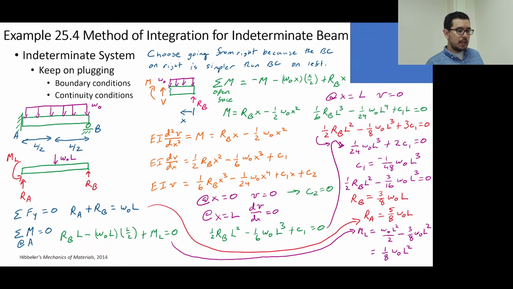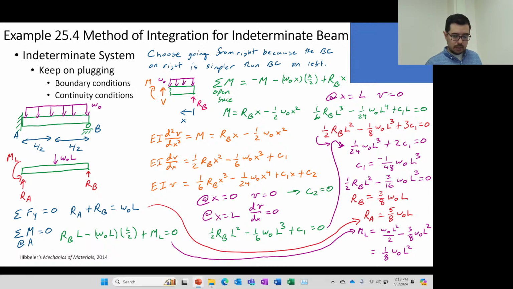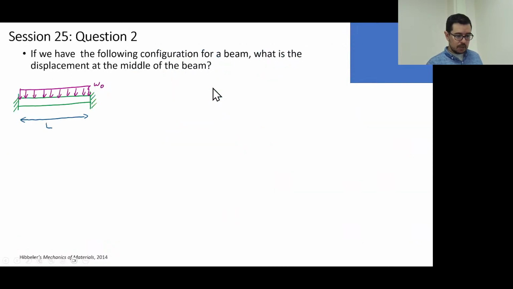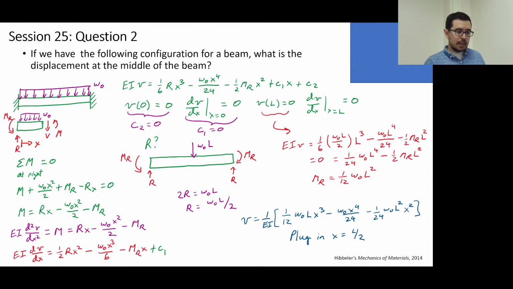For a question on the homework, okay, we have this indeterminate system. Okay, and the question is, what is the displacement of the middle of the beam? Well, the slides online will give you a little bit of information in terms of how you do this, because I think these are a little bit tricky sometimes.